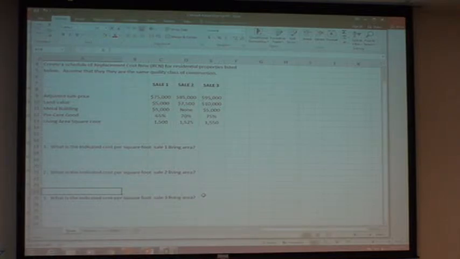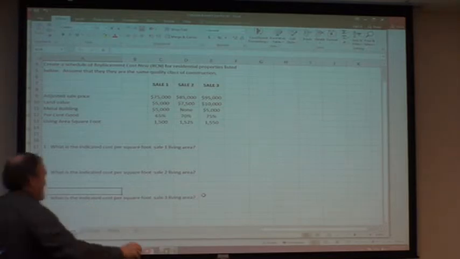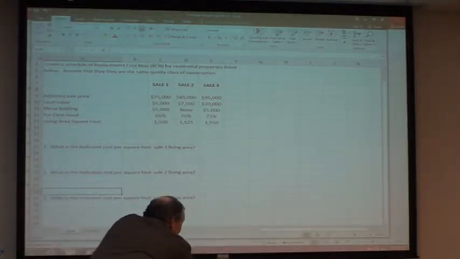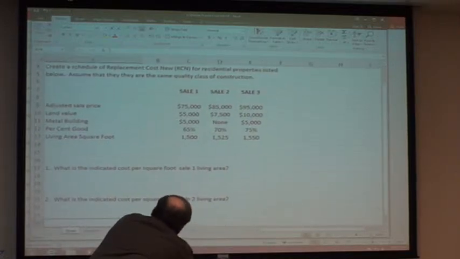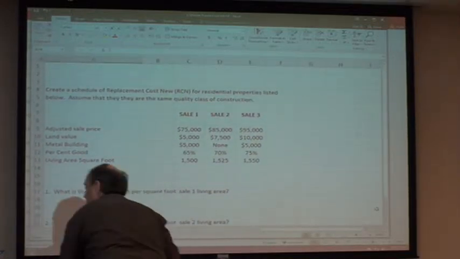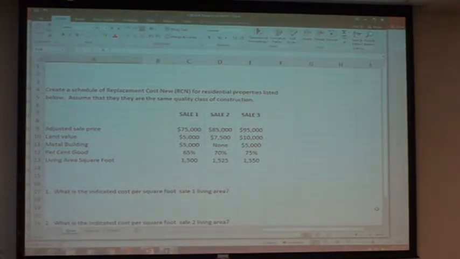It is kind of small. Let's see if I can blow it up a little bit. Is that better? Yeah.